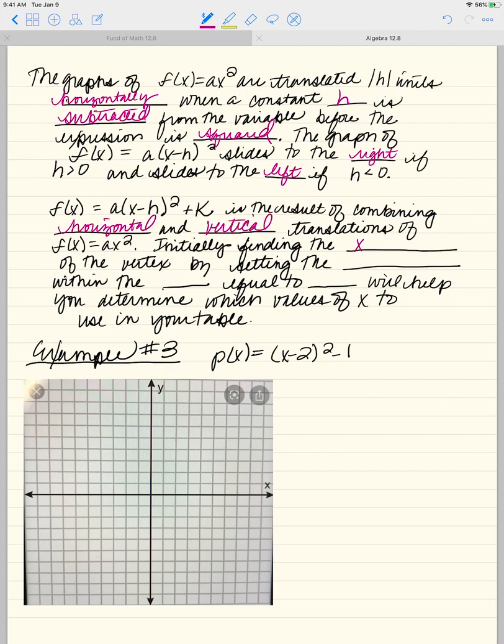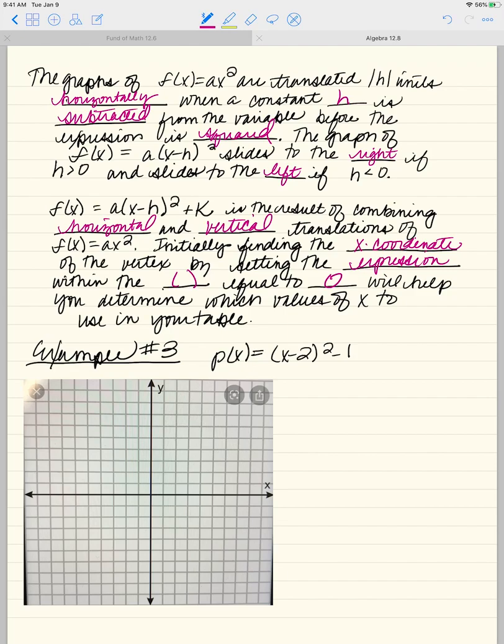Initially finding the x coordinate of the vertex by setting the expression within the parentheses equal to 0 will help you determine which values of x you should use in your table. What does that mean?